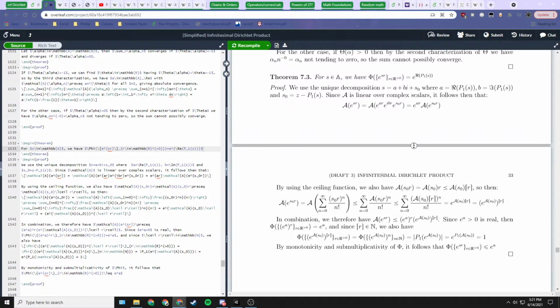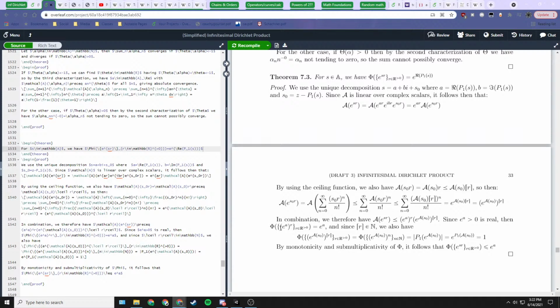Okay, so, I think this is good. So we can maybe avoid doing this decomposition if we want. But this is fine. Using the ceiling function, we have this, so that this combination, we therefore have this. Since e to the a greater than 0 is real, then this is that.